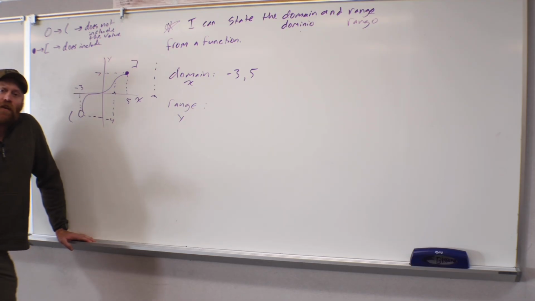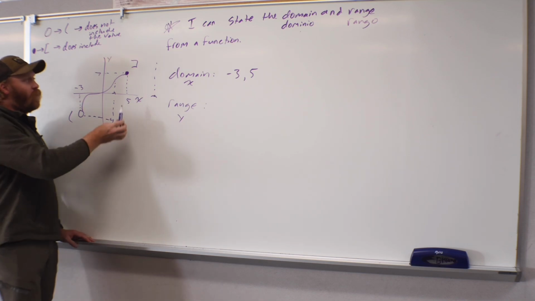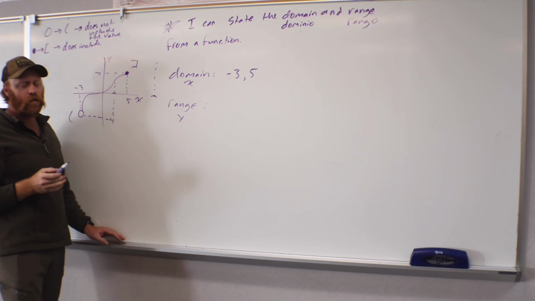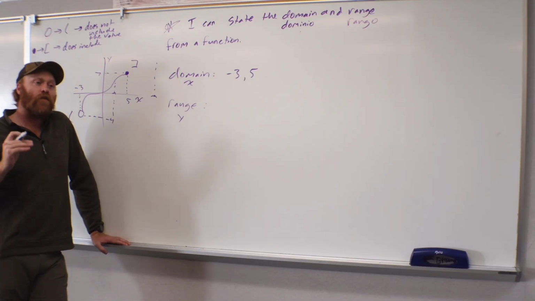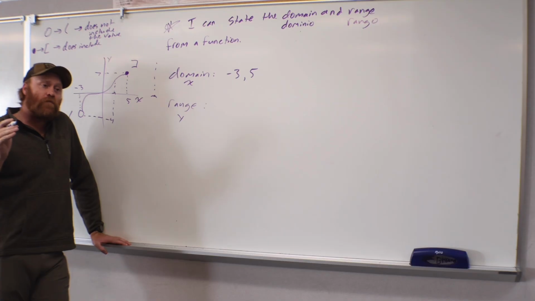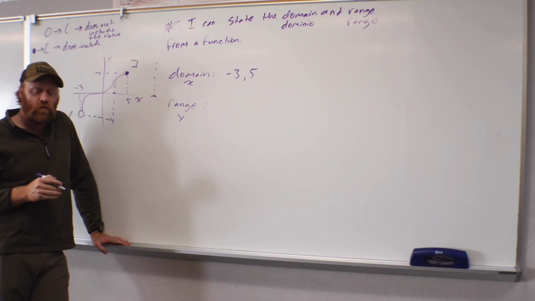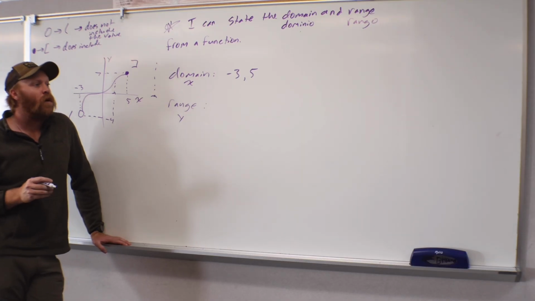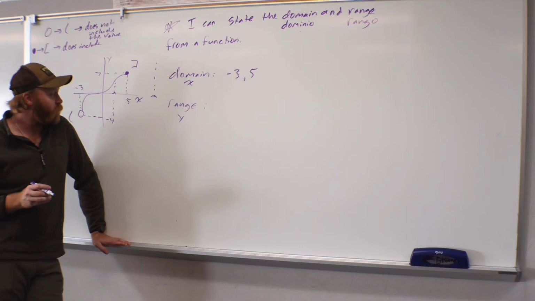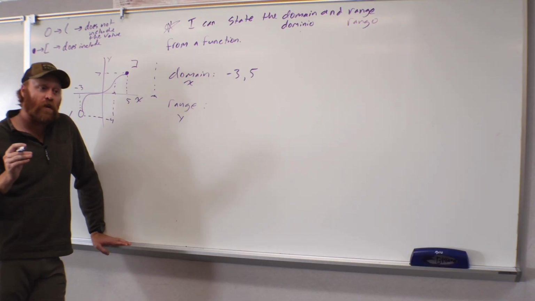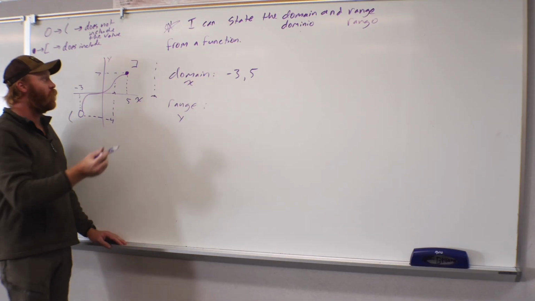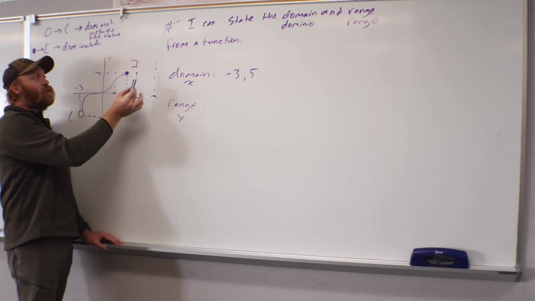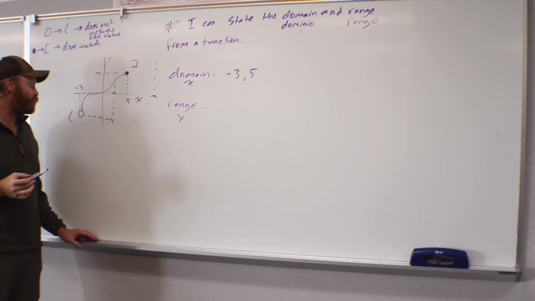The example that I give my students is like this. I was having this discussion with my PE students. If you run 15 minutes or faster, then you don't have to run the mile next week. Well, 15 minutes or faster includes 15 minutes. So that would be a closed circle, that would be a bracket.